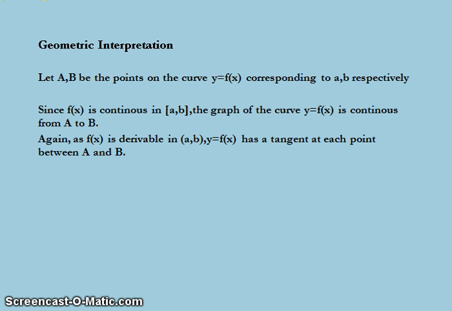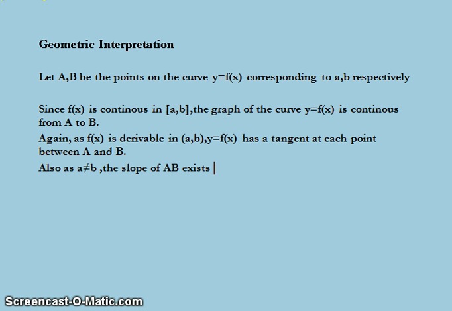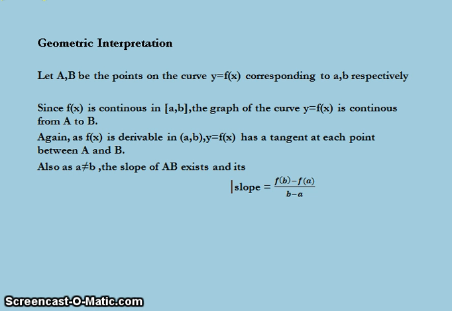Again, as the function f(x) is derivable in interval (a, b), the curve y equal to f(x) has a tangent at each point between a and b. Also, as a is not equal to b, the slope of the chord AB exists and its slope is equal to (f(b) minus f(a)) divided by (b minus a).